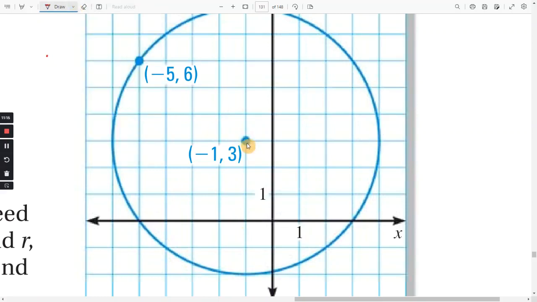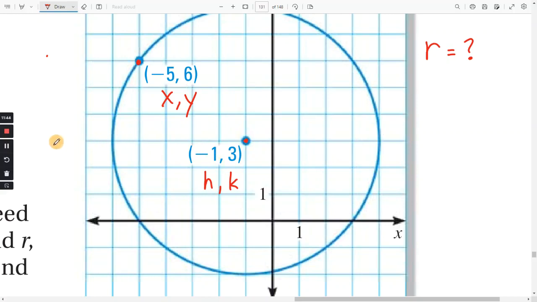Remember, the coordinates for the center are h, k, and a point that is on the circle is just x, y. So when we write our circle equation, the only thing we have to find is the radius, r. Now we can easily find it right here from the graph, but I want to show you how you can find it without the graph.